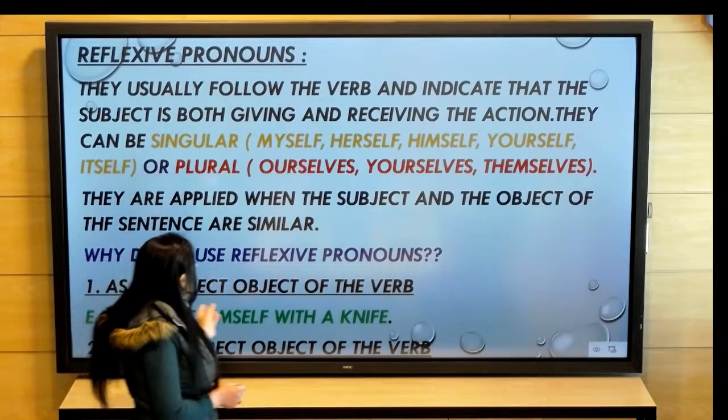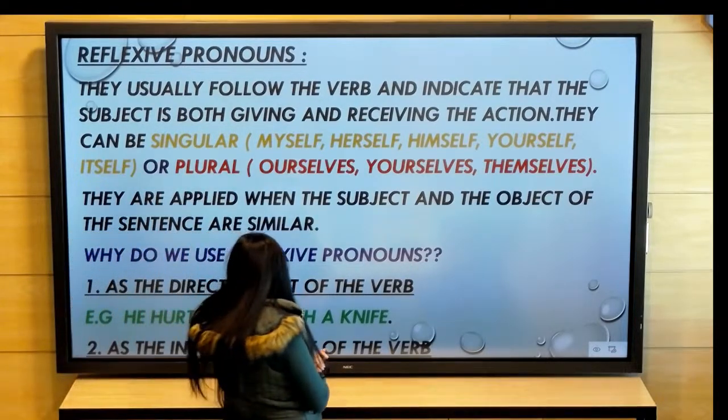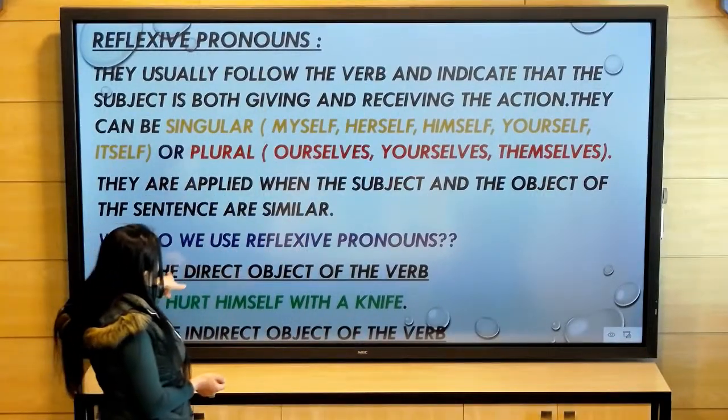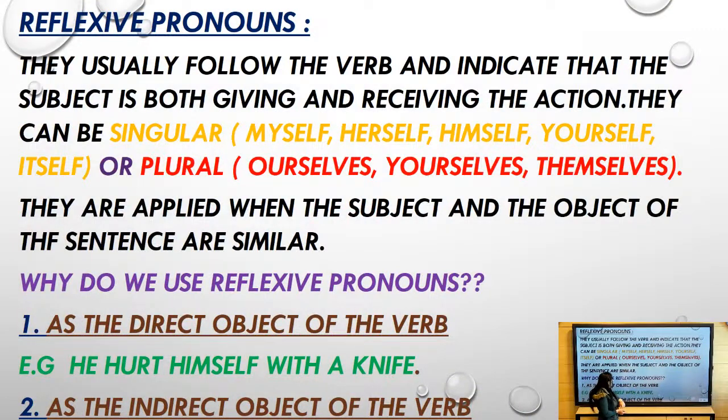Why do we use these reflexive pronouns? First, as the direct object of the verb. So they are used as the direct object, okay? Example, he hurt himself with a knife. Here, the subject, he, and the object, himself, are the same person.